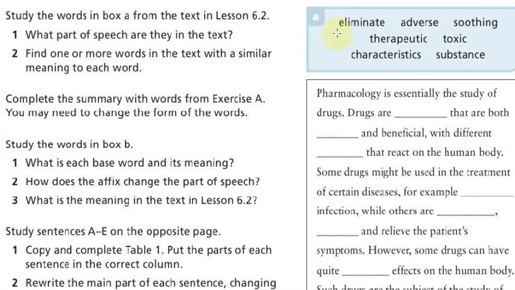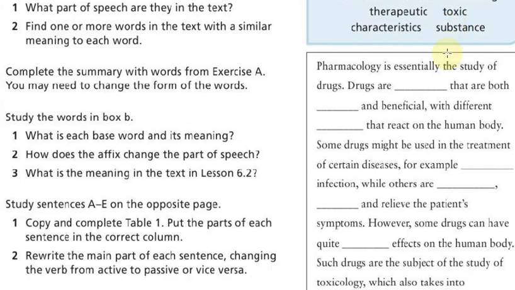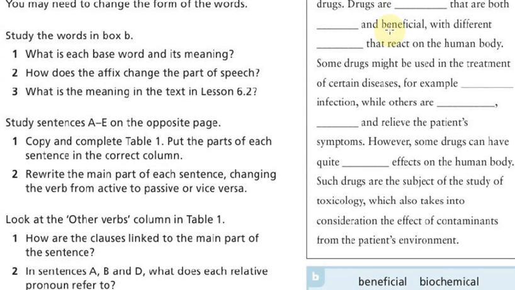We have some words here: eliminate, adverse, soothing, therapeutic, toxic, characteristics, substance. Well, you first need to study the text on page 49, then go to page 50 here and work on this exercise.